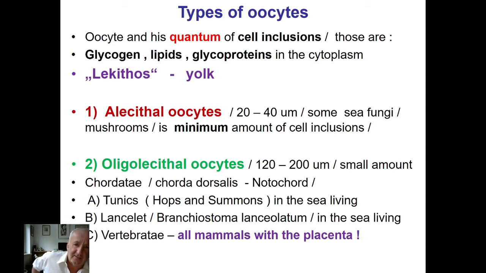So today I have already said many times the word oocyte. We can divide, or we know, some types of oocytes according to some basic lines. The first important line is that an oocyte has a cell membrane, a nucleus, and cytoplasm.